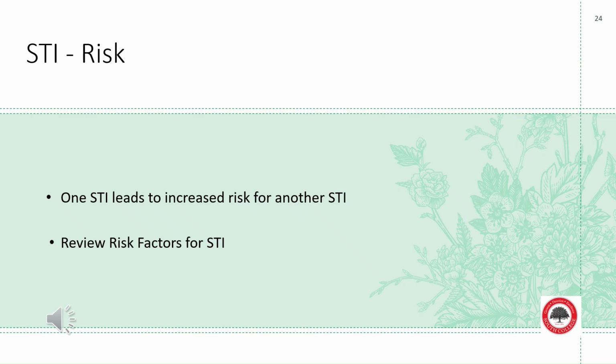In general, younger individuals are at higher risk for STIs. Nearly half of all STI cases in the United States occur in people under the age of 25. Men who have sex with men are at higher risk, with higher rates of HIV and STI. Those who are HIV positive are also at higher risk for other STIs. One STI leads to increased risk for another STI.